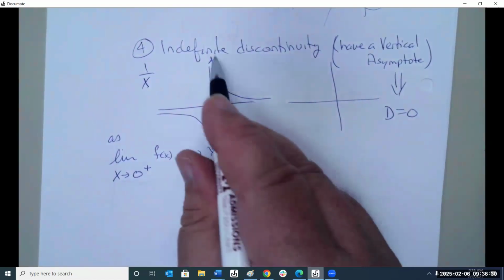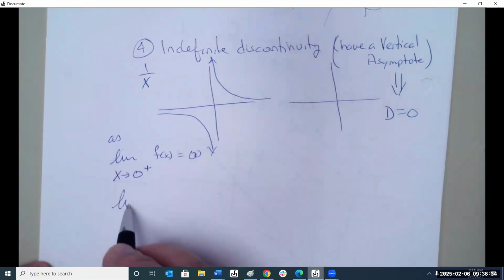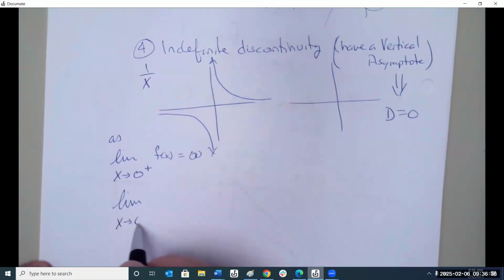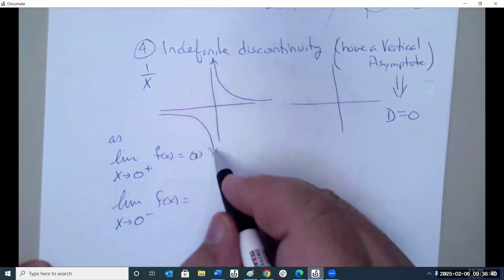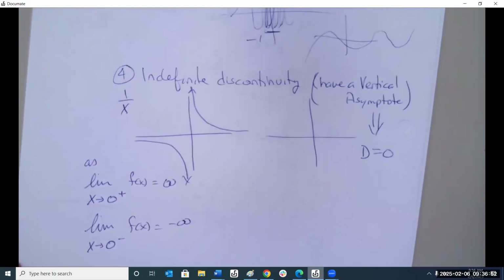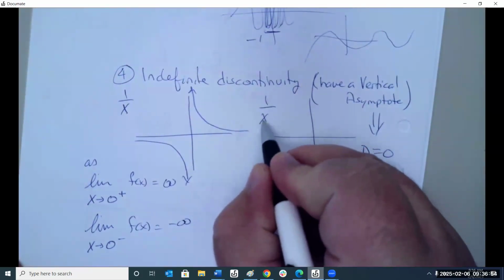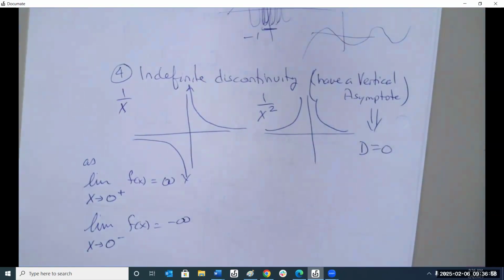Look at the graph. It goes up forever. The limit as x goes to 0 from the left of our function, it goes down, so it goes to negative infinity. Those are infinite discontinuities, which means we have an asymptote. We have a 0 on the bottom. 1/x², they both go to positive infinity.